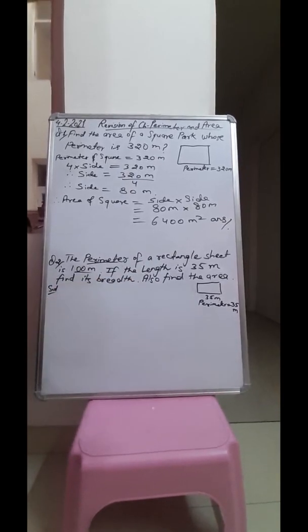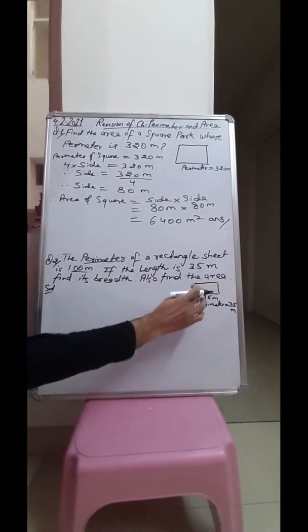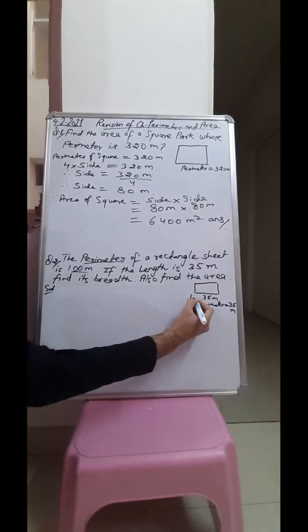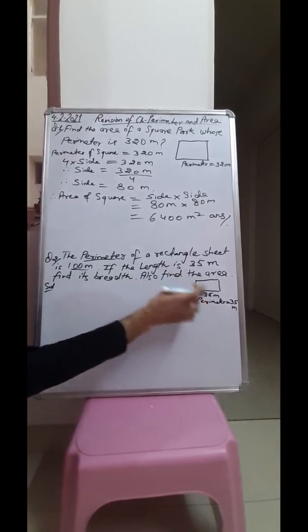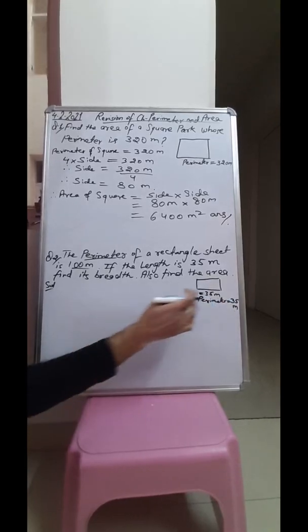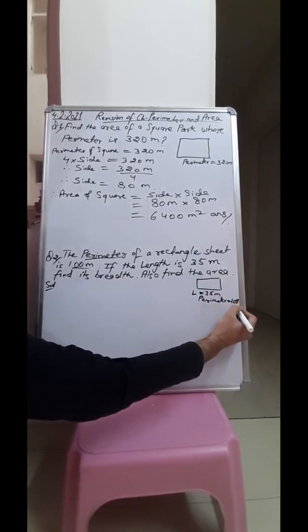of rectangle only. So this is a rectangle, and for the rectangle we have been given a length, that is 35 meter, and we have been given a perimeter of this rectangle, that is 100 meter.